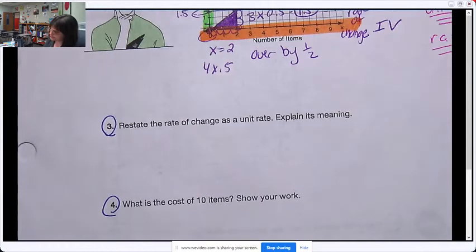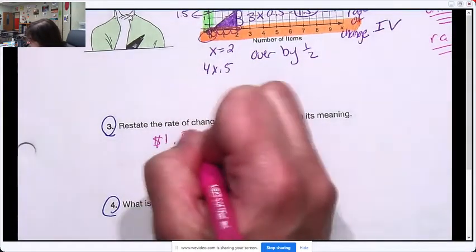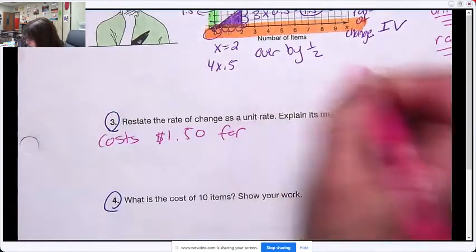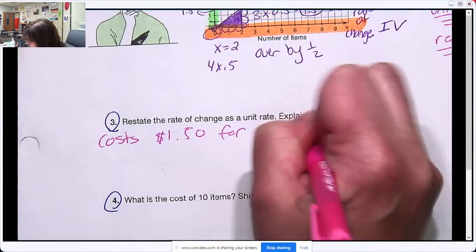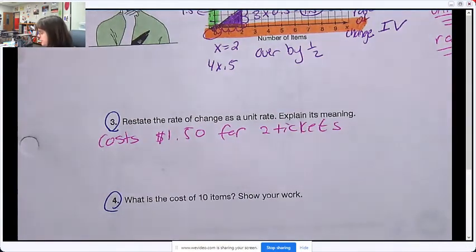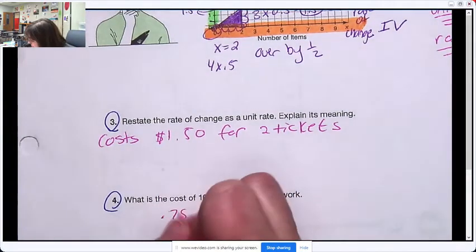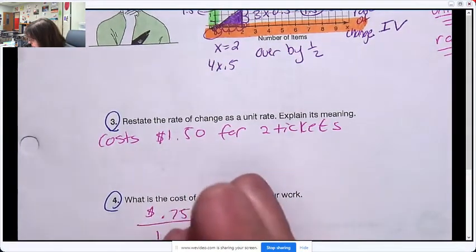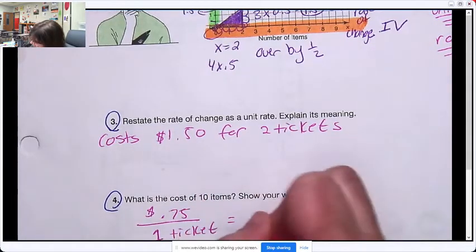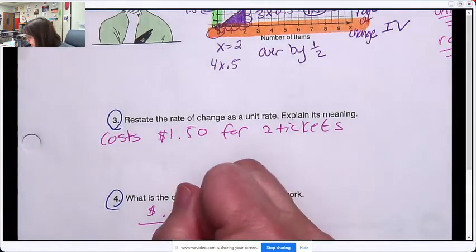Okay? Oh, before we do that for 3, it costs $1.50 for 2 tickets, which is about 75 cents per ticket. Then what's the cost of 10 items? I can say it's 75 cents for 1 item. Then I want to know the cost of 10 items.